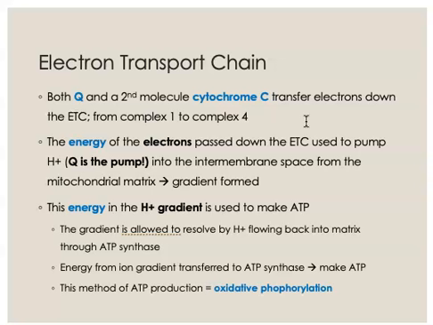As those electrons are transported, their energy is being harvested, and it's pumping protons, hydrogen ions, into the intermembrane space, creating an ion gradient. There's energy in that ion gradient, potential energy in that gradient. And that energy is going to be used to make ATP.